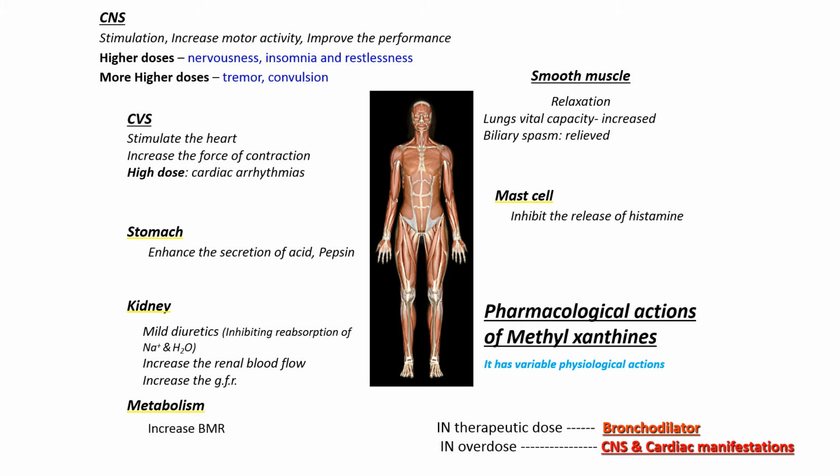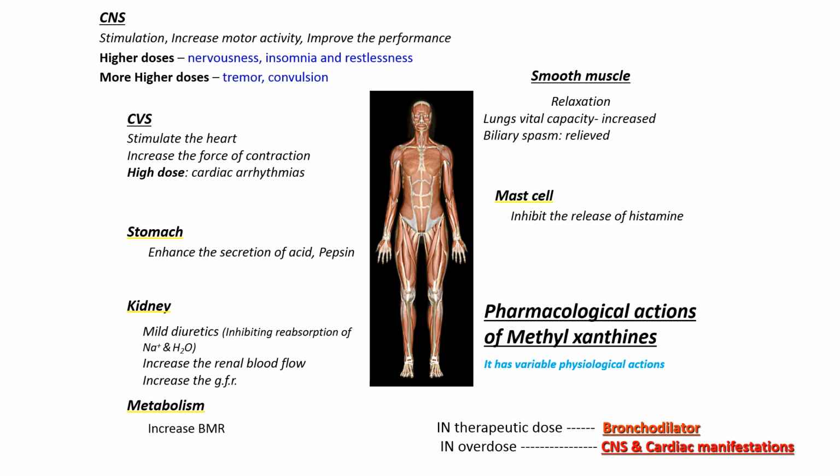If you further increase the dose, it can lead to tremor, and ultimately seizures or convulsions, which can be dangerous. As far as CVS is concerned, in normal therapeutic dosage, it will stimulate the heart, increase the force of contraction, and increase the cardiac output. But if you further increase the dose, it can lead to cardiac arrhythmia, which can be dangerous.